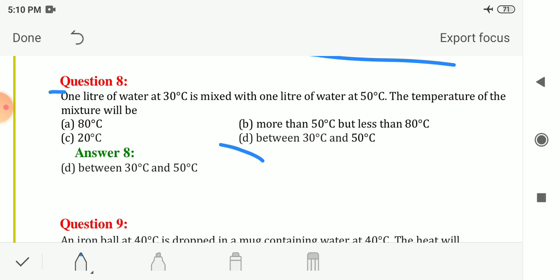So the temperature of the water which was earlier at 50 degrees will decrease, and the temperature of the water which was earlier at 30 degrees Celsius will increase somewhat. As the result, the temperature of the mixture will be between 30 degrees Celsius and 50 degrees Celsius. So that's why your answer is option D.